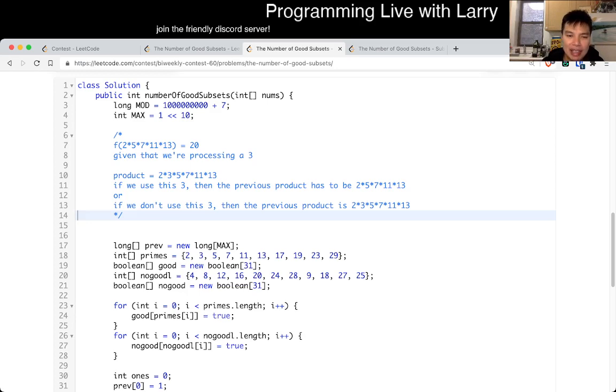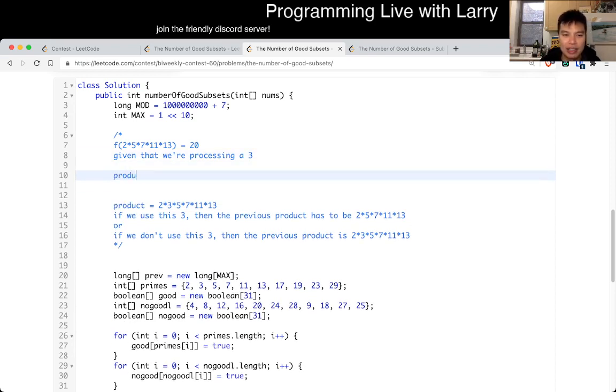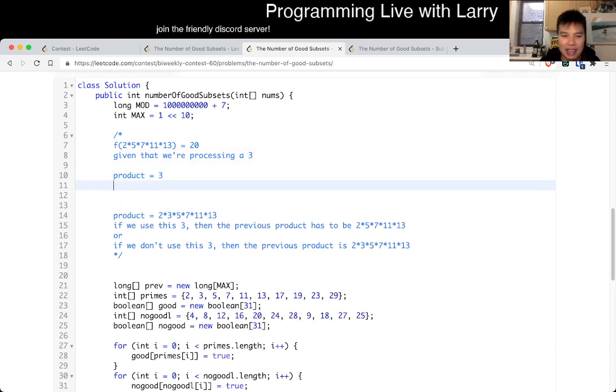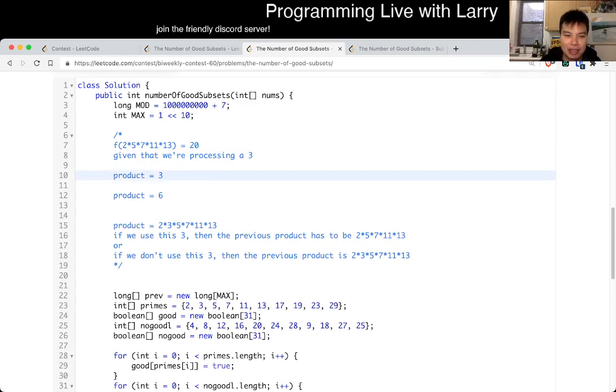So then you do this for every number, and note that because there are only 10 possible primes, you can actually try it for every possible product. So let's say we're processing a 3, right? That means that we can try product is equal to 3, product is equal to 6, and so forth. And in this case, previous product is either equal to 1, or product is 3 because we don't use it.